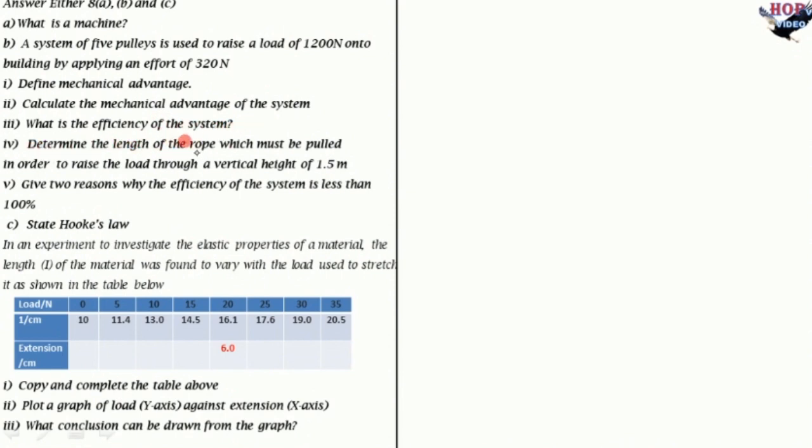Determine the length of the rope which must be pulled in order to raise the load through a vertical height of 1.5 meters. Give 2 reasons why the efficiency of the system is less than 100%. State Hooke's law. Then we are given a table which you have to complete and use it to plot a graph and determine right the way to the solution.